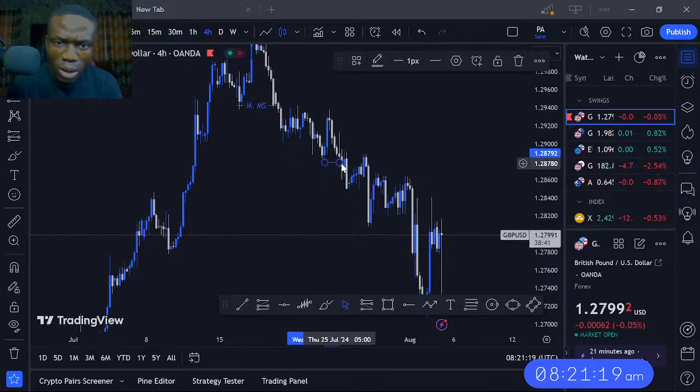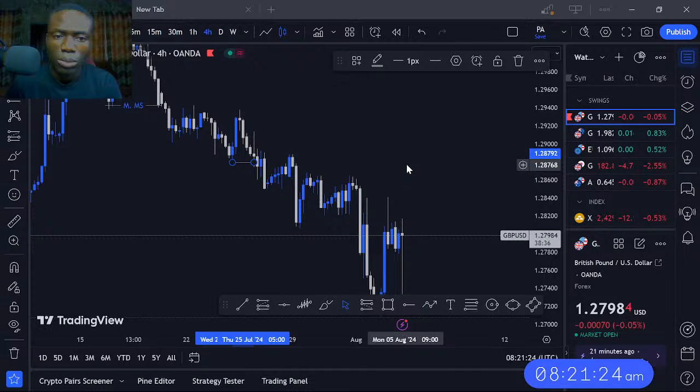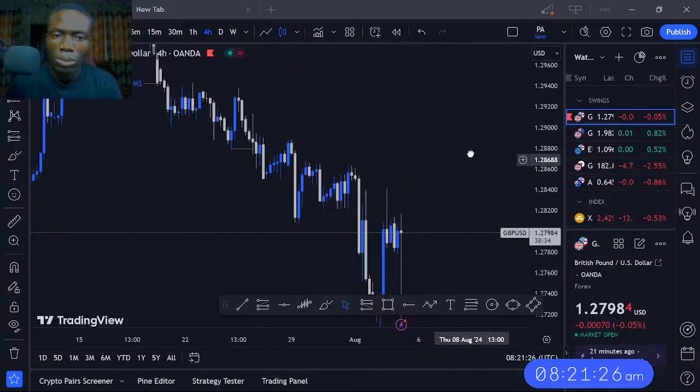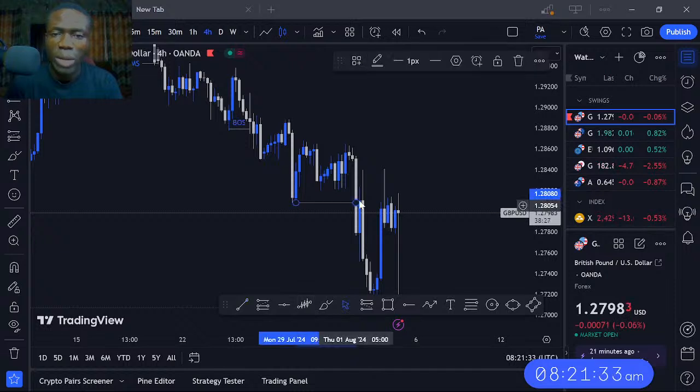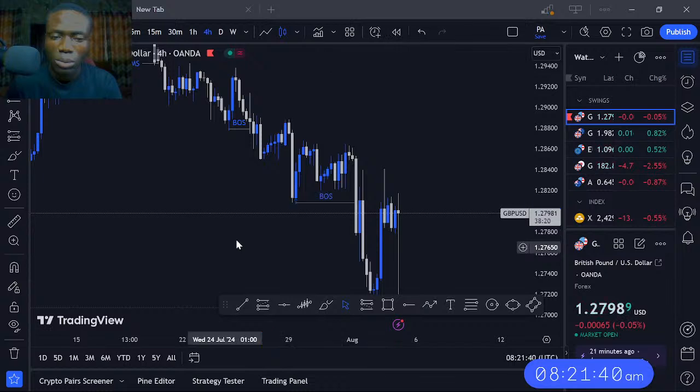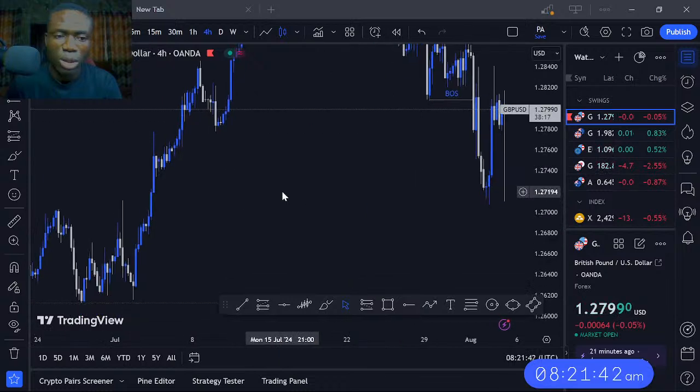Over here, we had a minor break of structure. And here we had another break of structure. All these are showing that the market is trending downwards. So you can see the market is actually trending downwards.